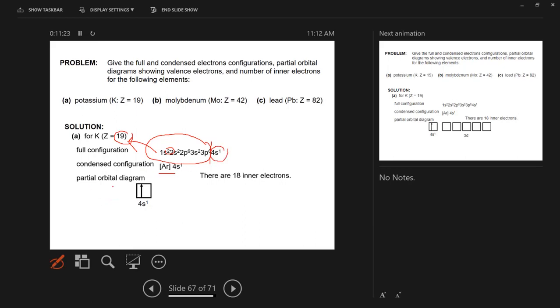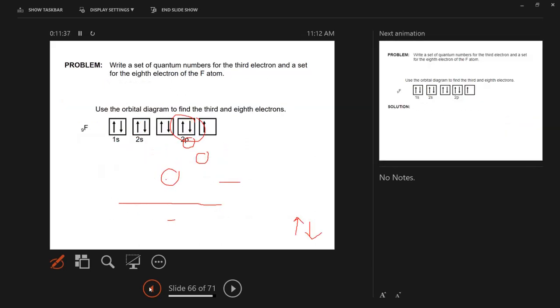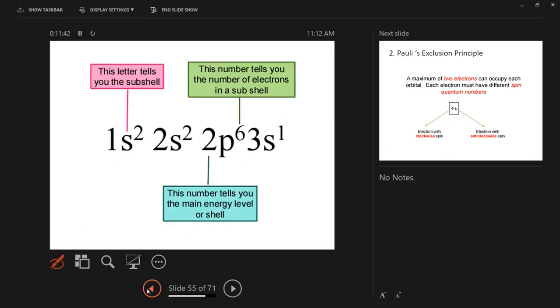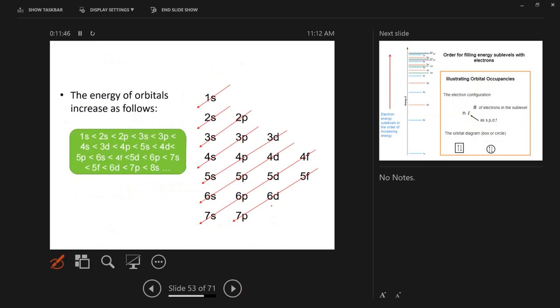And then dia minta partial orbital diagram. So lepas orbital 4s1 dia dapat 3d. Macam mana kamu nak tahu lepas 4s1 dia 3d ni? You kena tengok balik dekat Aufbau principle. Ni lepas 4s dia dapat 3d.